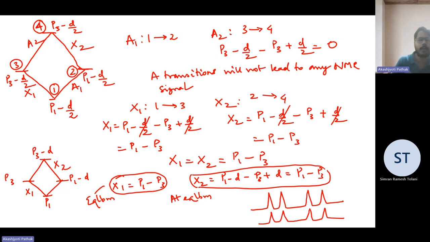So that is not our purpose, right? Our purpose is to enhance the signal, either enhance or decrease. So there should be some change in the signal due to the perturbation. So how can we achieve it?